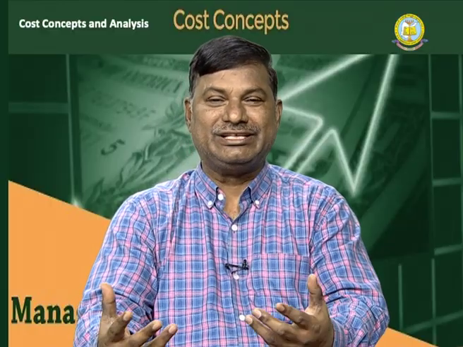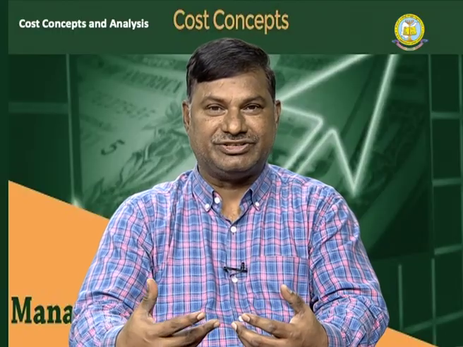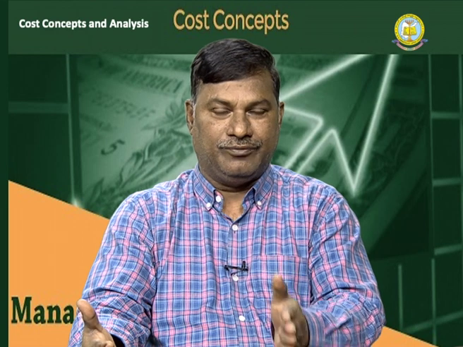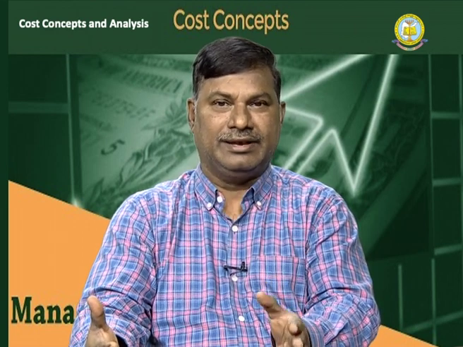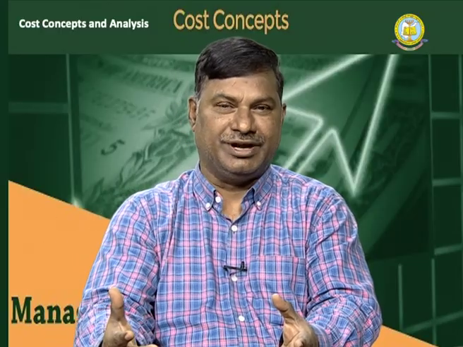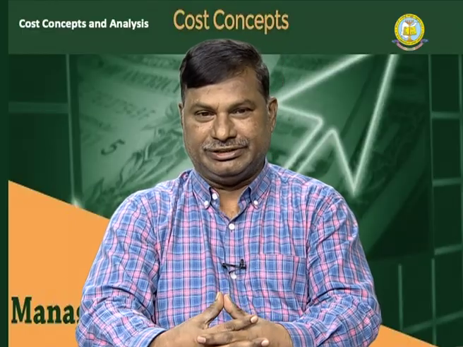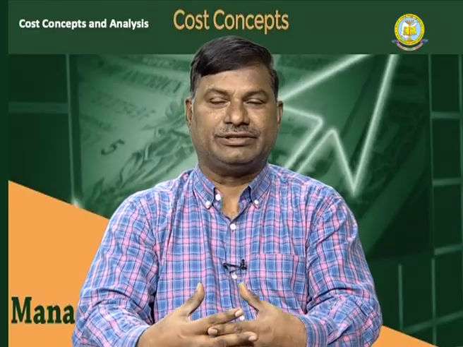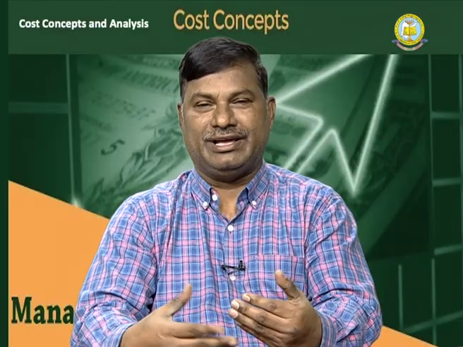So this is the variable cost, the cost that changes along with output. When you are producing only one product, you will incur less cost. When you are producing 10 units, you have to increase the production costs. So variable costs are those costs which change along with the output.